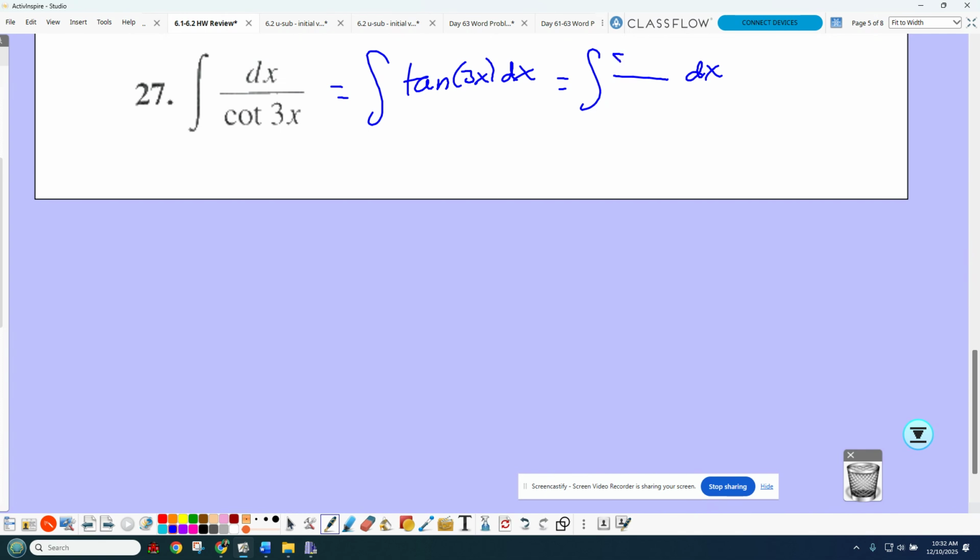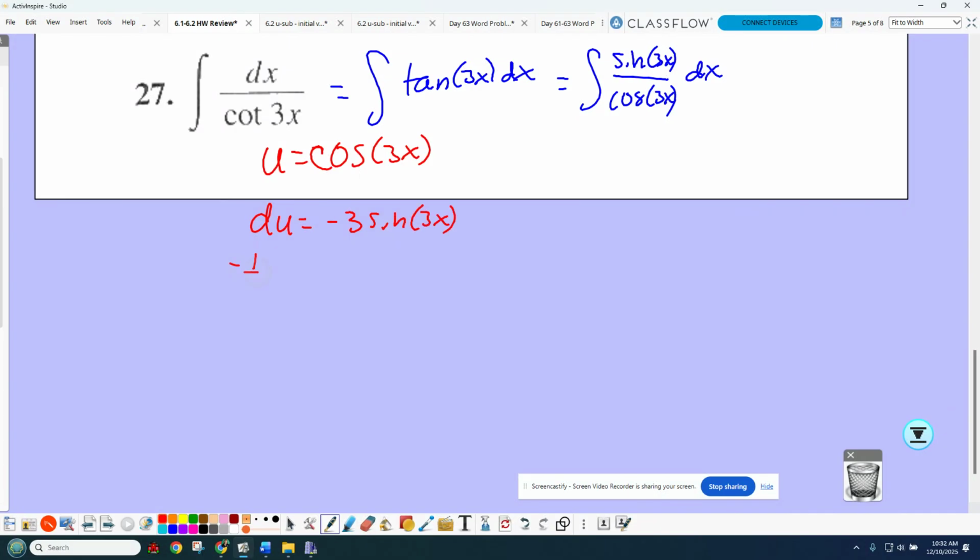Sine over cosine. Ooh. They are each other's derivatives. There's only one that's the right one to choose. Which one is the u value? The one in the denominator. Okay.